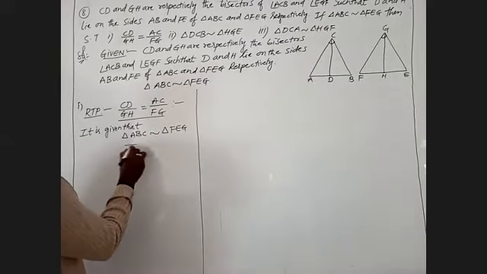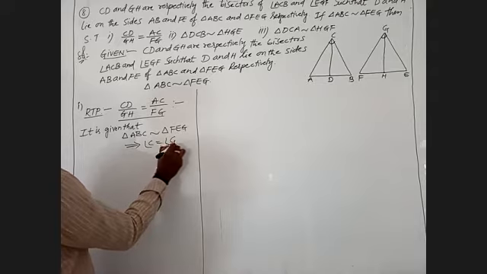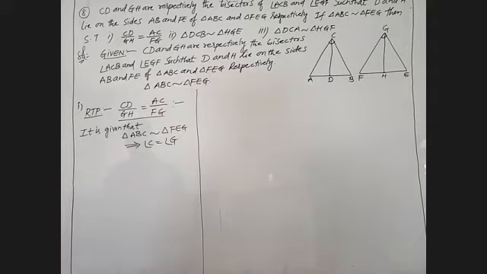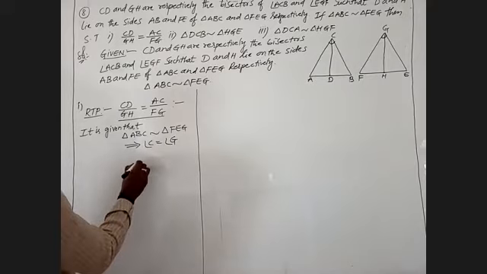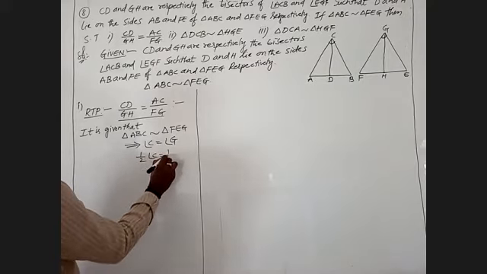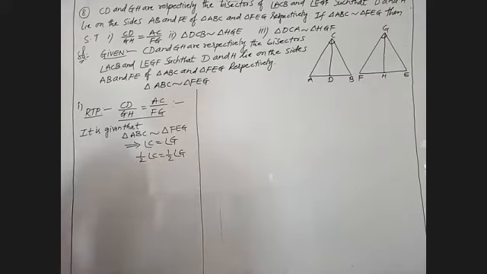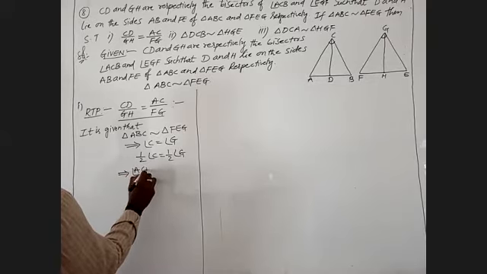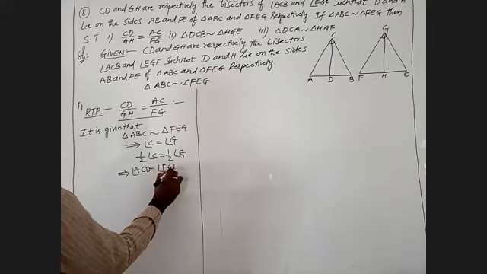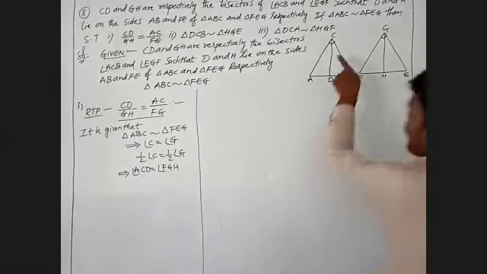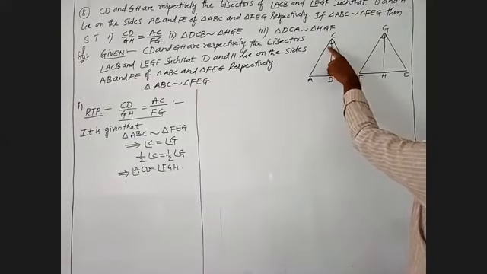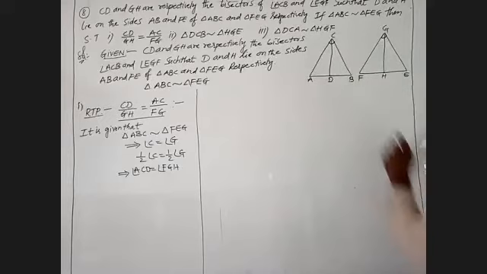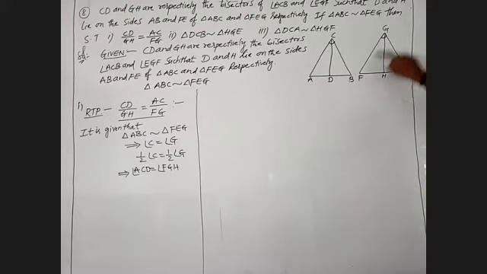That implies angle C is equal to angle G. Both sides can be multiplied by 1 by 2, that means half angle C is equal to half angle G. The 1 by 2 cancels, remaining angle C is equal to angle G. One half of angle C, I will write as angle ACD is nothing but angle FGH. Half part of C is angle ACD, and half part of G is angle FGH.